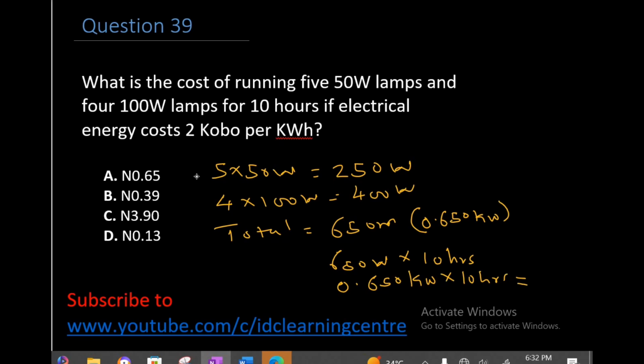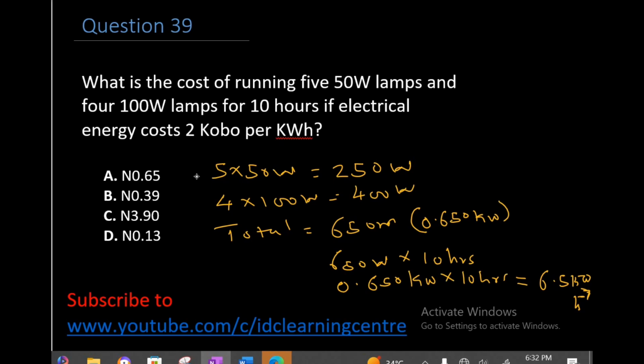When you multiply these two, we're going to have 6.5 kilowatts per hour right now. And then the energy cost of these lamps is 2 kobo per kilowatt.